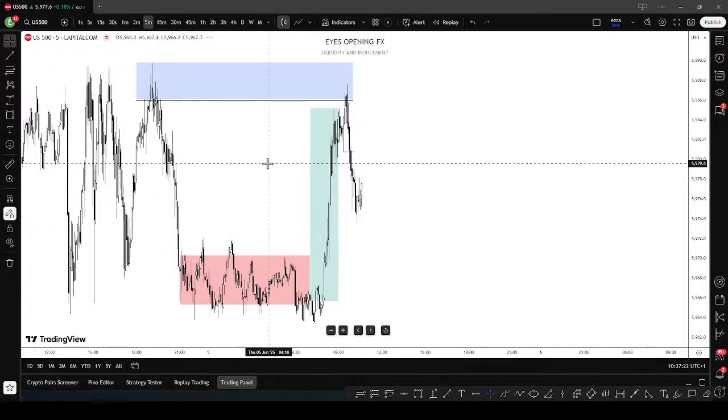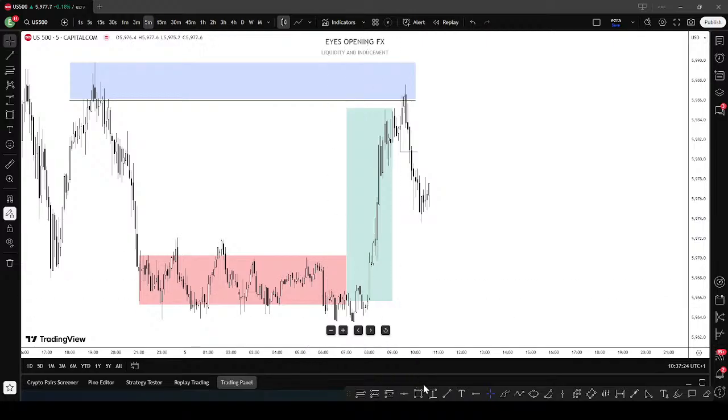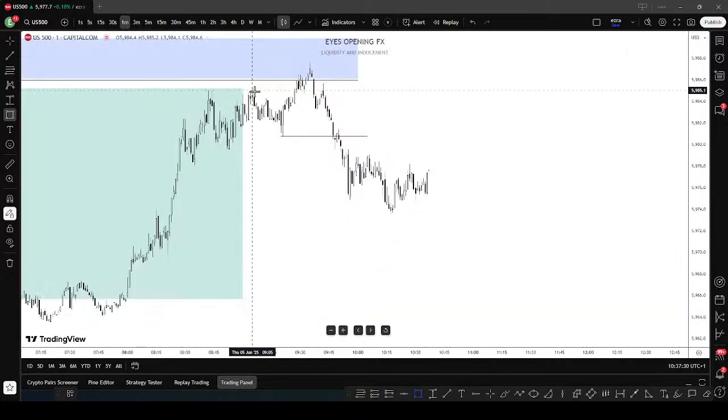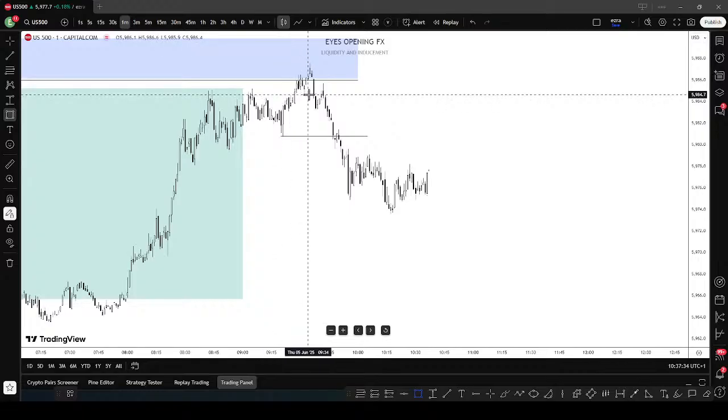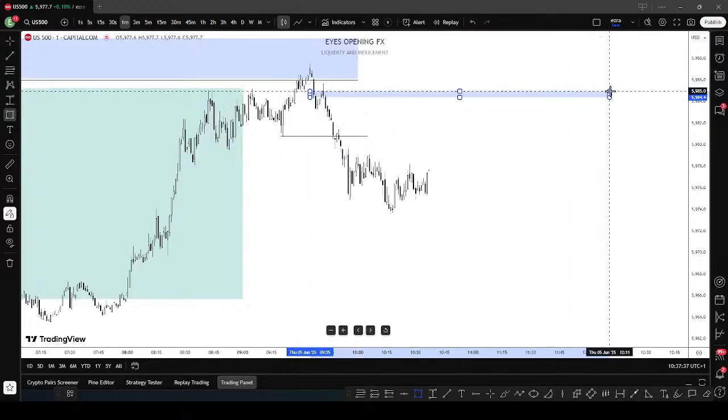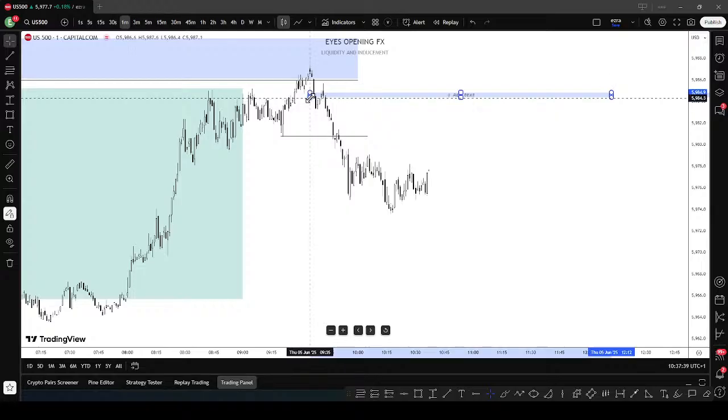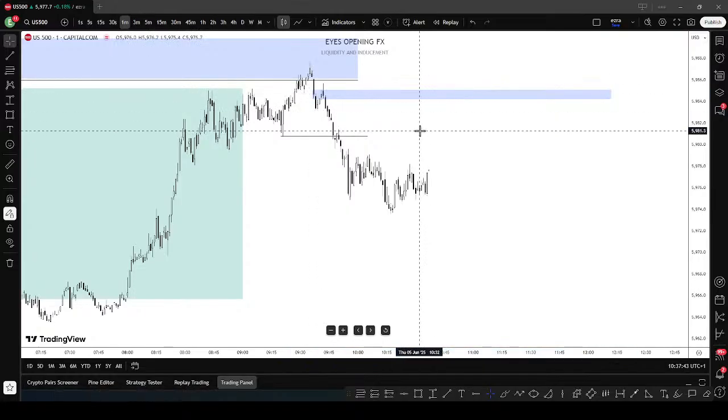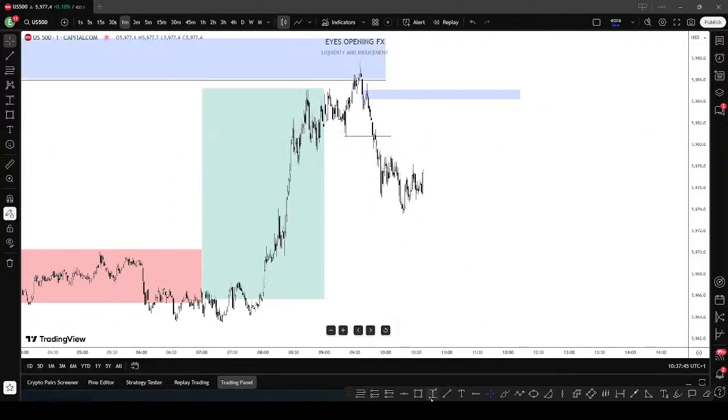You can decide not to take this trade because it's very volatile and the pip counting is very high. So let's just refine it for the best entry if possible. I will have this area as my point of interest.